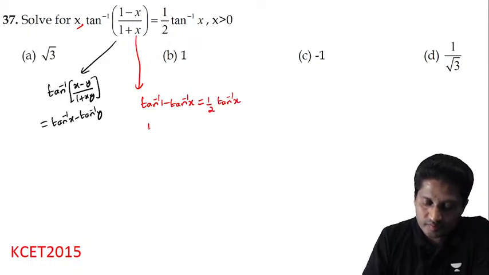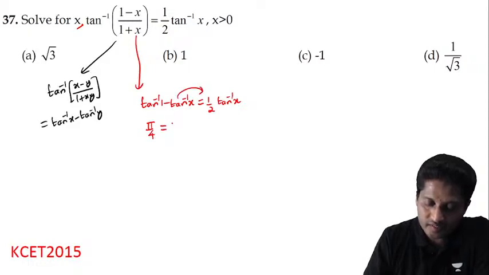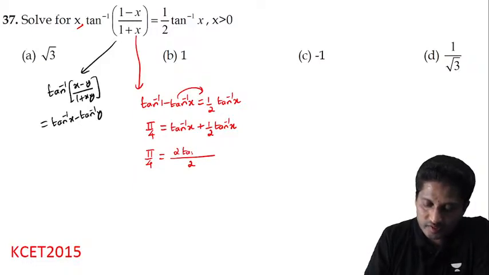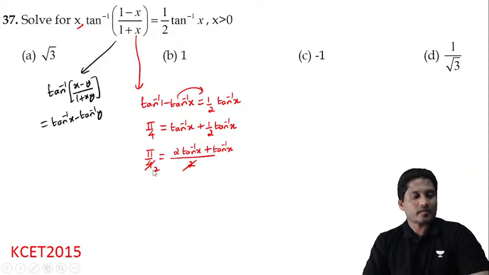Tan inverse of 1 is pi by 4. Is equal to this minus, I shift on the right side. Get tan inverse of x plus half of tan inverse of x equals pi upon 4. LCM is 2. If I cross multiply, you get 2 tan inverse of x plus tan inverse of x. Now this 2 cancels.